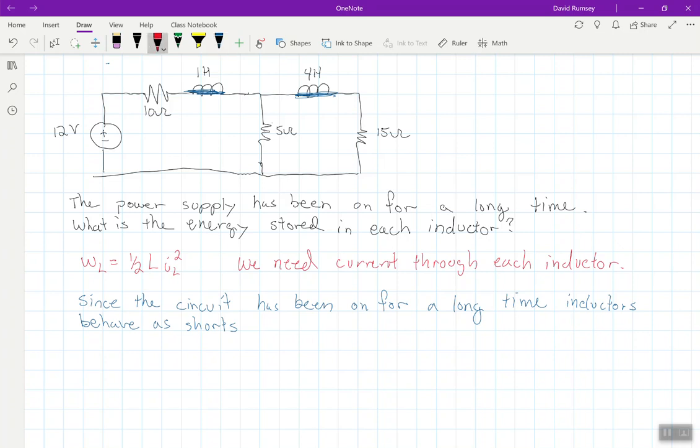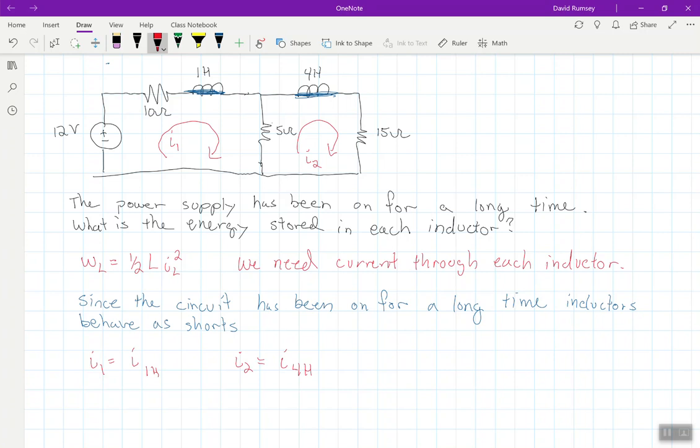If I think about some of my analysis techniques that we've had, if I do mesh analysis, that gets me currents. If I call this I1, and then if I call this here I2, we can clearly see I1 is equal to the current through the 1 Henry inductor, and that I2 is equal to the current through the 4 Henry inductor.